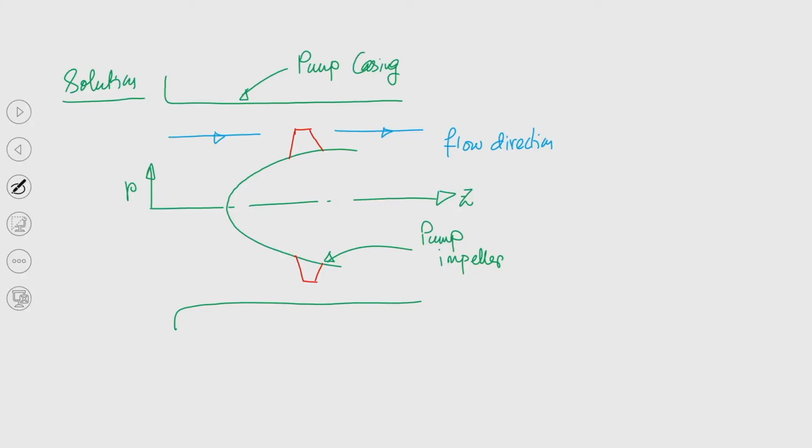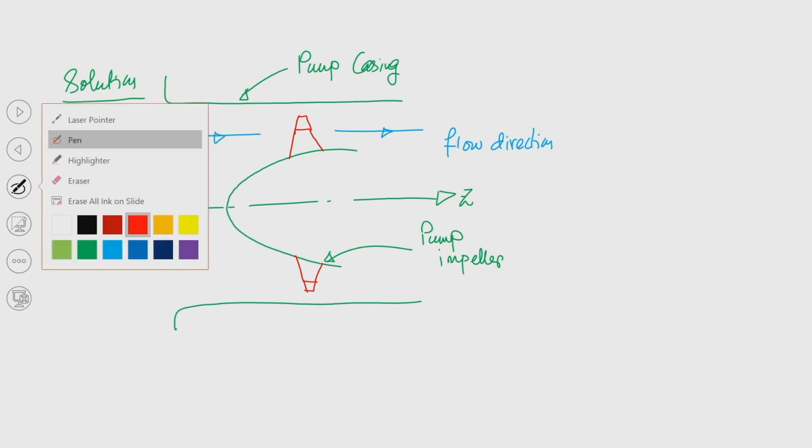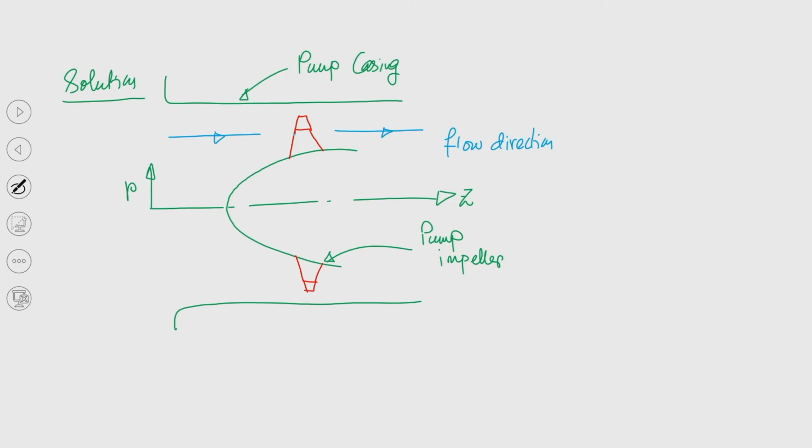Now, if we try to draw the blade, say this is point 1 and this is point 2.